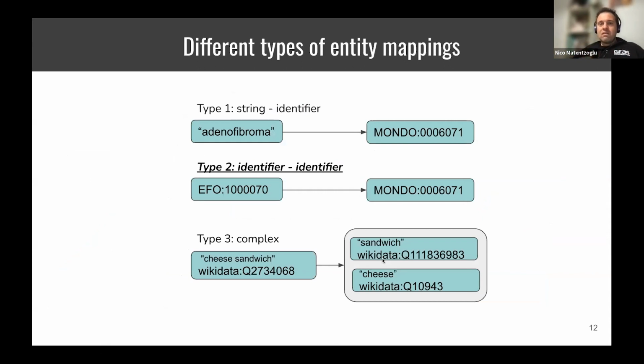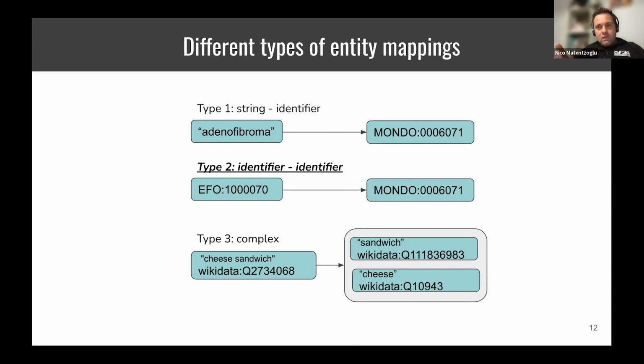There are different kinds of entity mappings we talk about. So we have entity mappings between strings and, let's say, ontology identifiers or any kind of identifiers. We have identifier to identifier mappings, and it's really important here to remember that we are not only talking about ontology identifiers. Many of you are handling mappings between genes, for example.